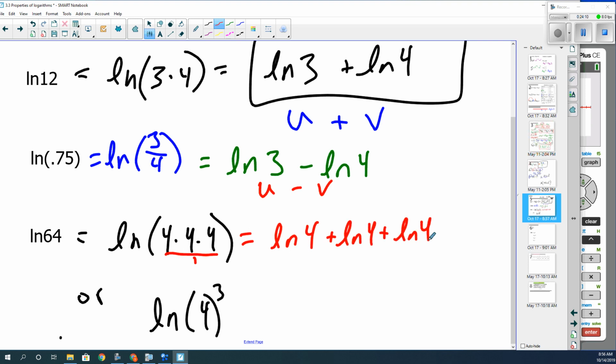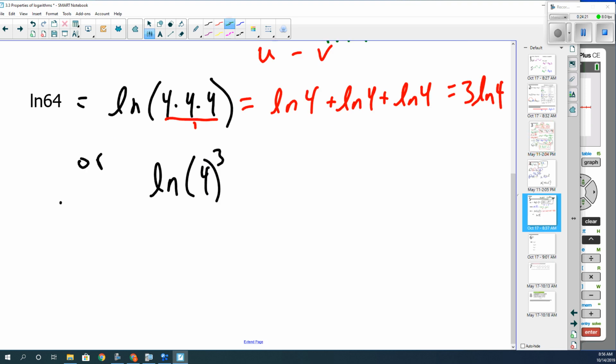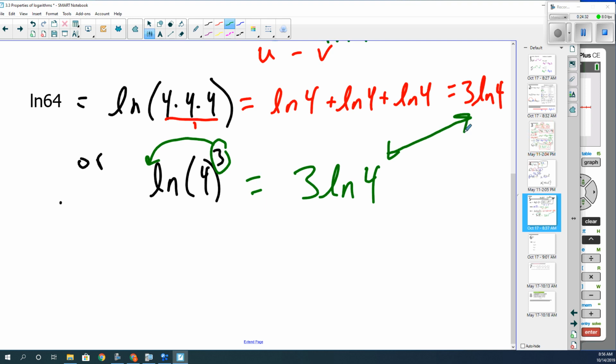But then I had 3 of the exact same things added, so that would be the same as 3 natural log 4. If I did it the other way, as 4 to the third, I could take that 3, bring it down in front, and write it as 3 natural log 4. So notice, regardless of which way I did it, those two answers came out the same.